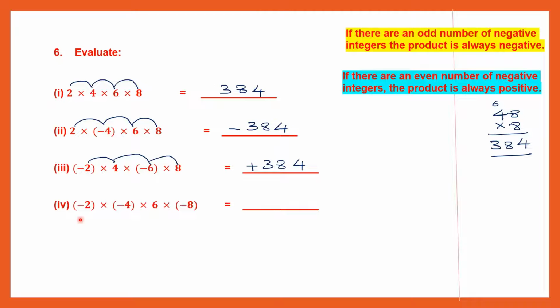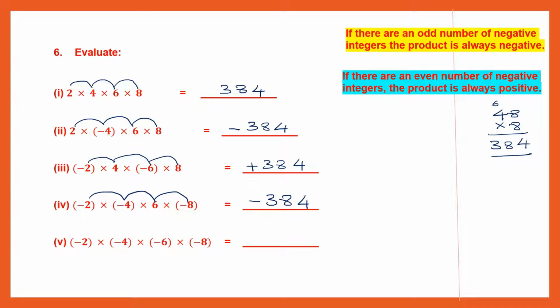Next one. Here we have 1, 2, 3 negative integers. Look out only for the negative integers. We have 3, and 3 is an odd number, so the answer will be negative. Then you multiply. 2 4s are 8, 8 6s are 48, 48 into 8 is 384.